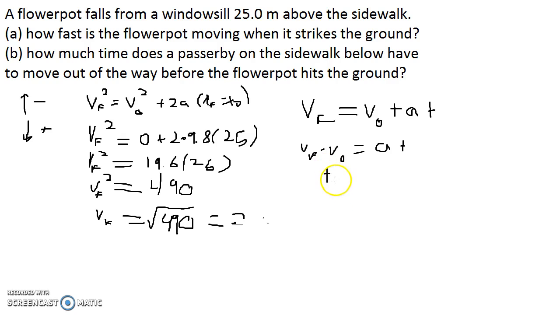So the time it would take for the flower pot to get from 0 meters per second to 22.14 meters per second, or our final velocity, is just going to be this time here. So we'll just rewrite it.